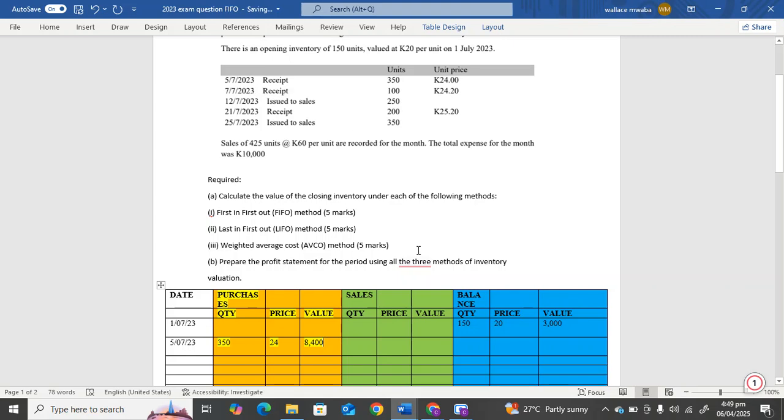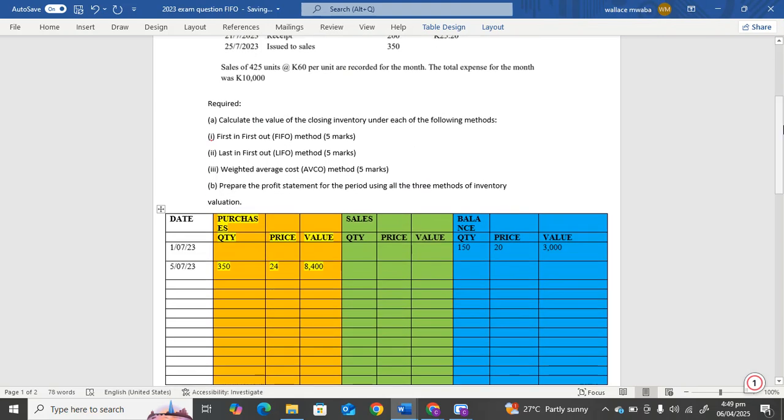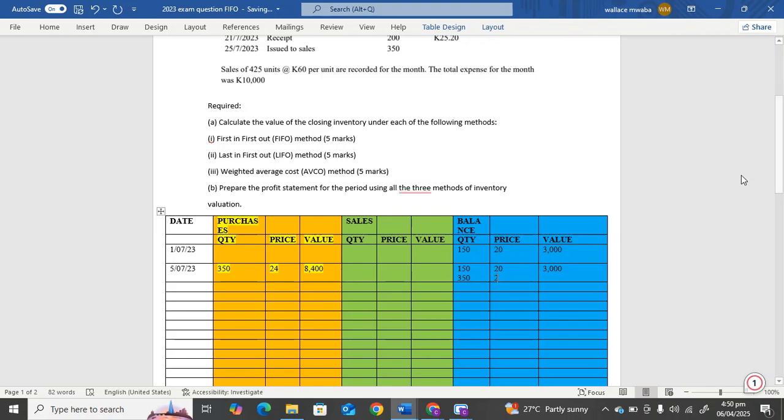Then we come here on our balance. Here, the goods are going to be separated. You've got these 150 units valued at 20 kwacha each, total value 3,000 kwacha. Then you've brought in another 350 goods valued at 24, so you have 8,400.